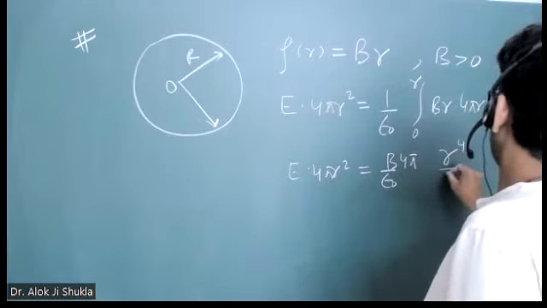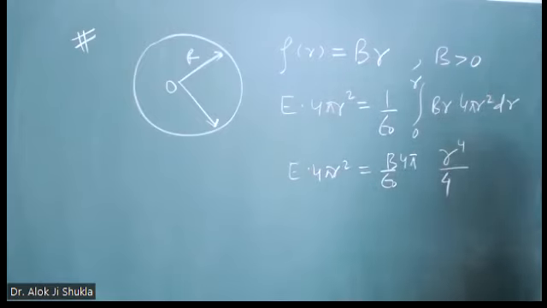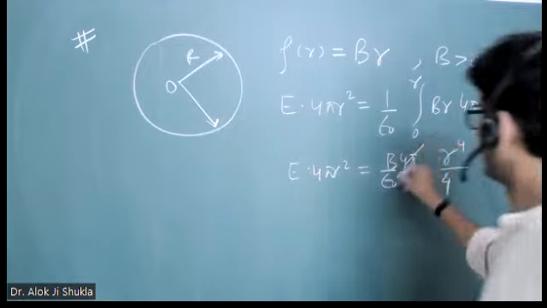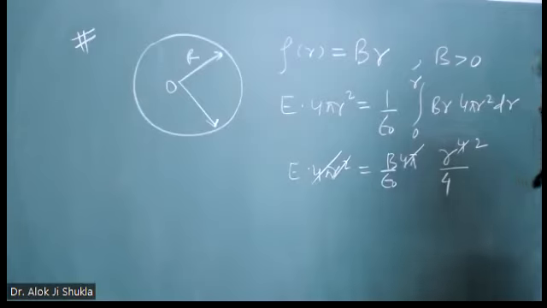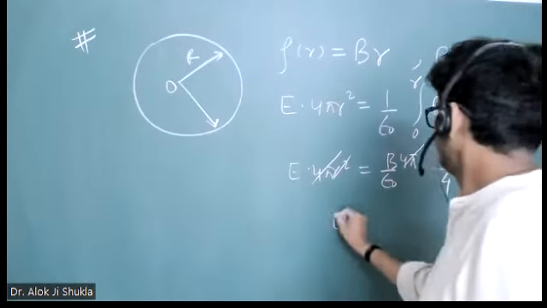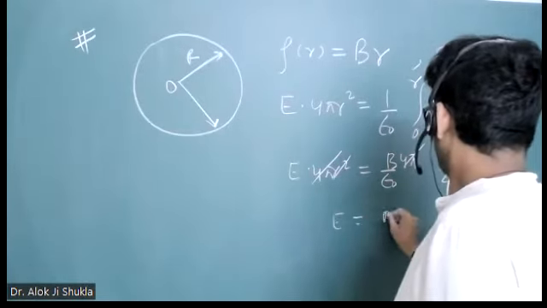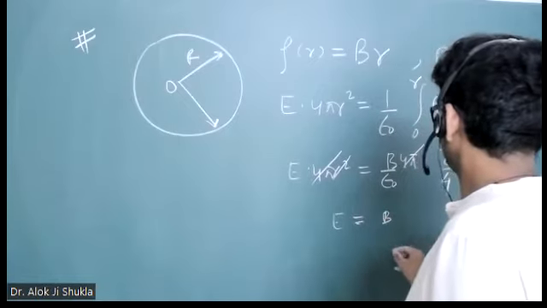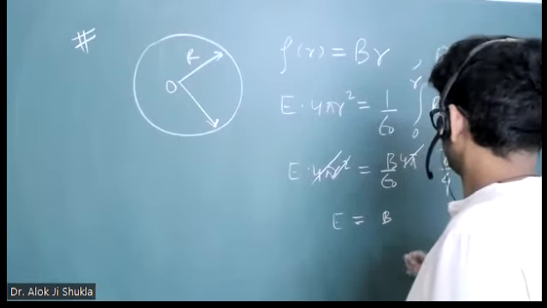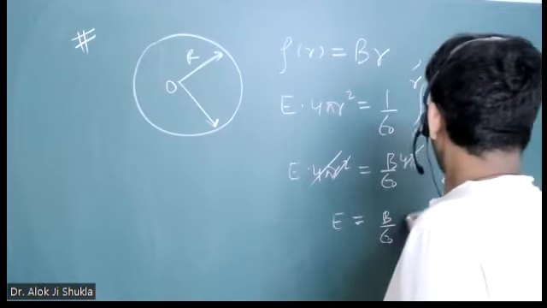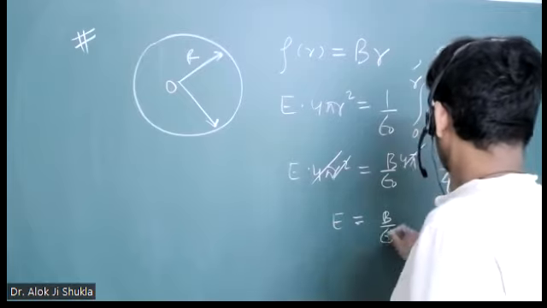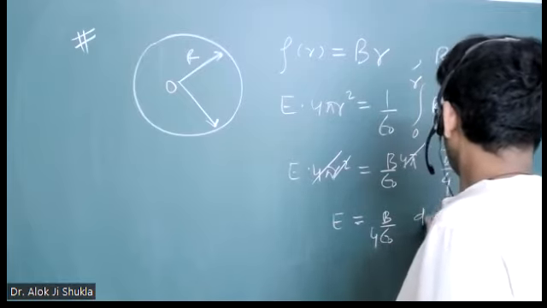R to the power 4 by 4. Check this. And 4 pi will cancel, r square will cancel. So E will become b by epsilon naught into r square by 4, let me call it d square.